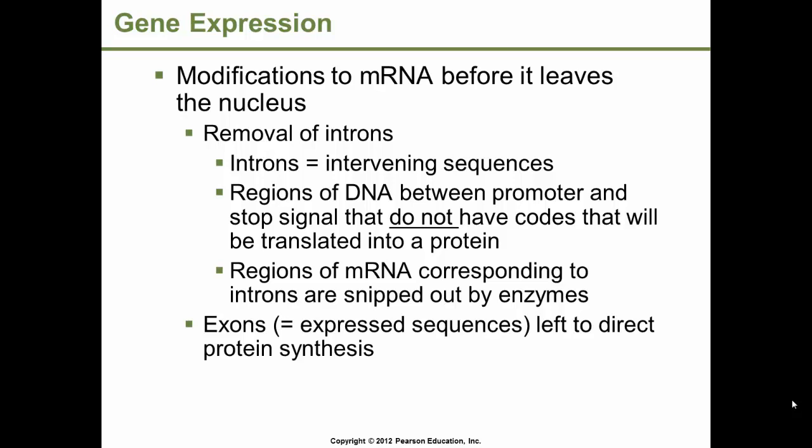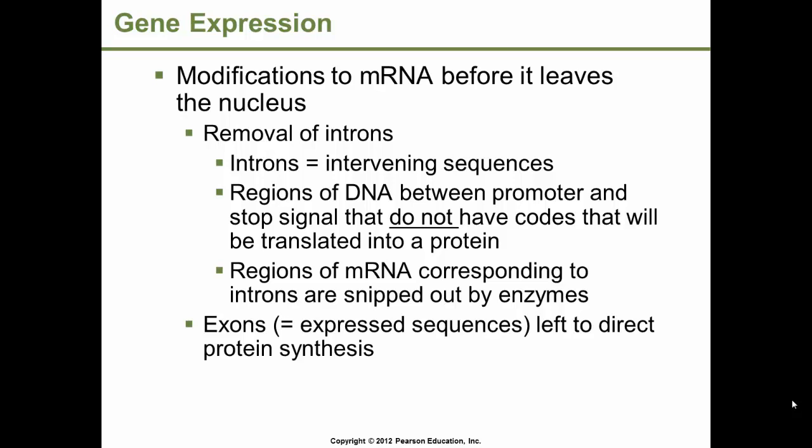Regions of messenger RNA corresponding to the introns are snipped out by specific enzymes. In other words, they will be removed. These sequences will not be transported out into the cytoplasm, so they will not be translated into a protein.